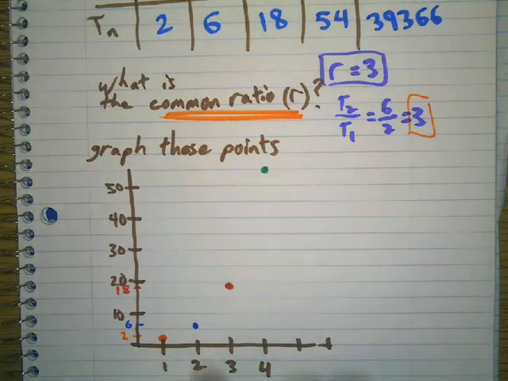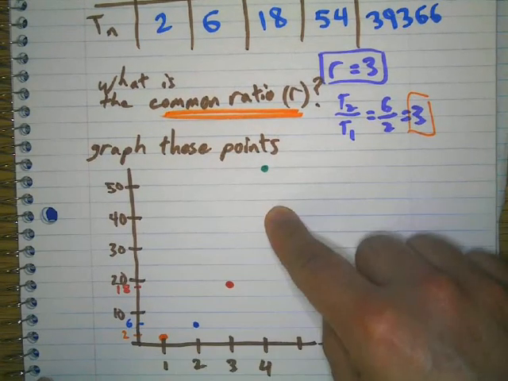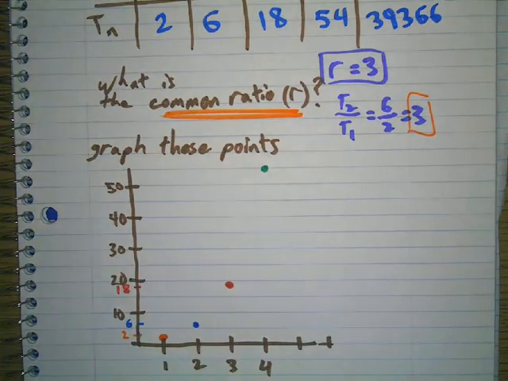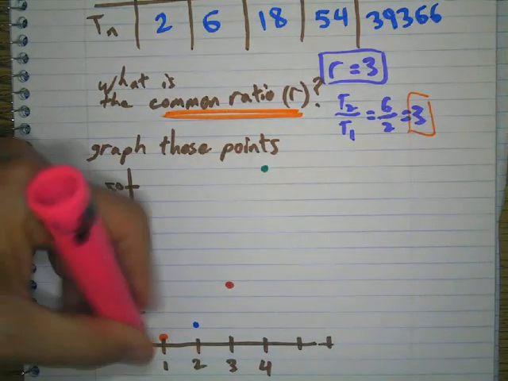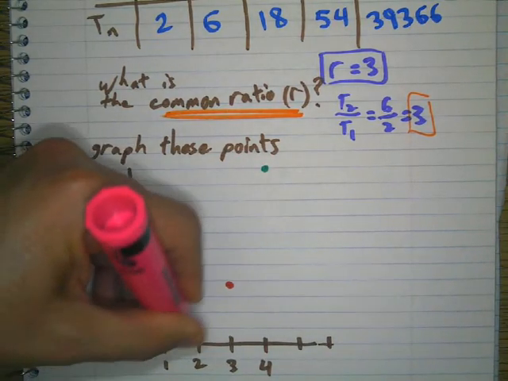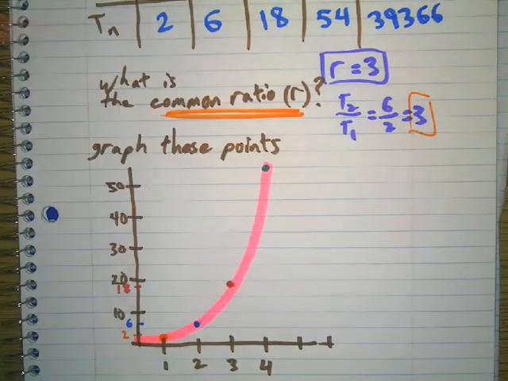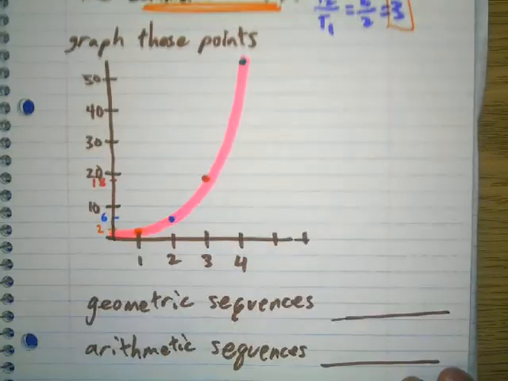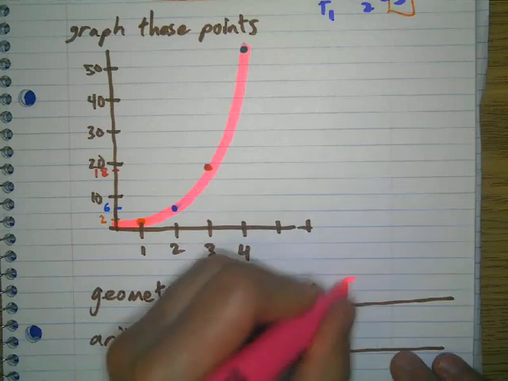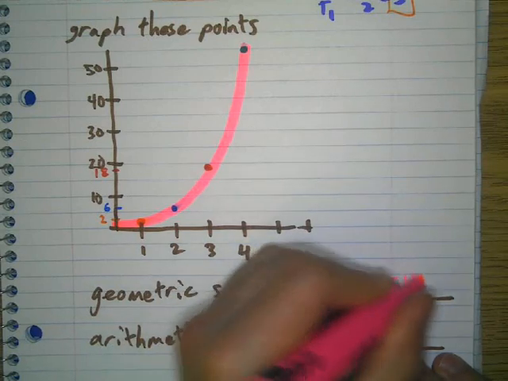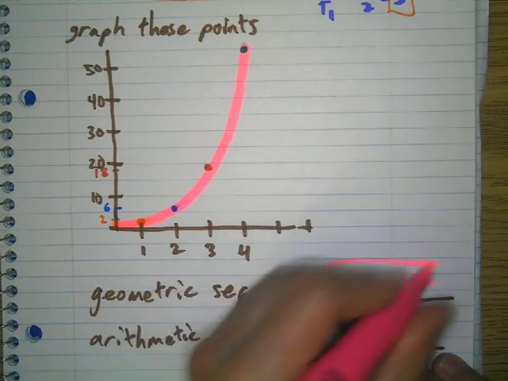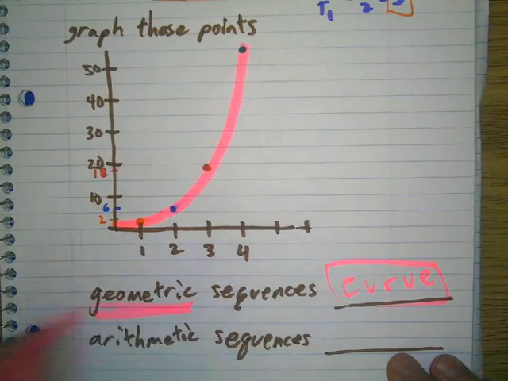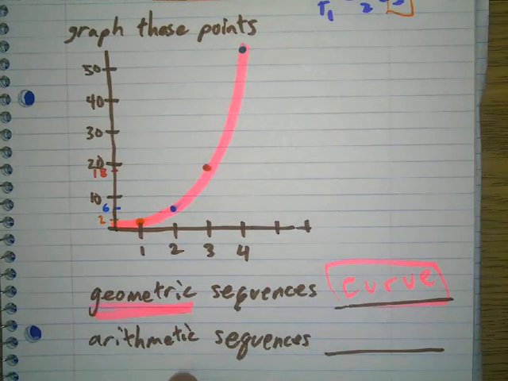And you might notice, is this making a straight line? No, not really. If I connected all these dots, what kind of shape does it look like it's making? It looks like it's making a curve. And that's the main difference between geometric sequences and arithmetic sequences.